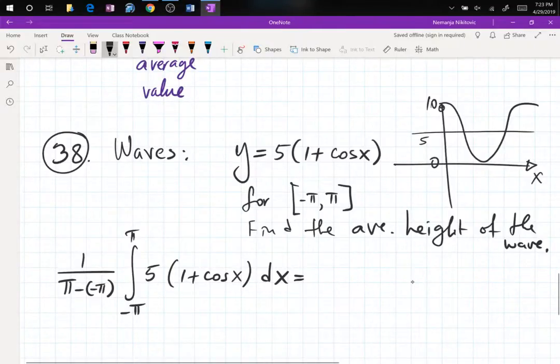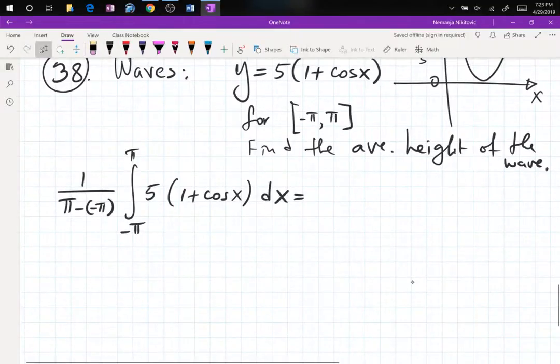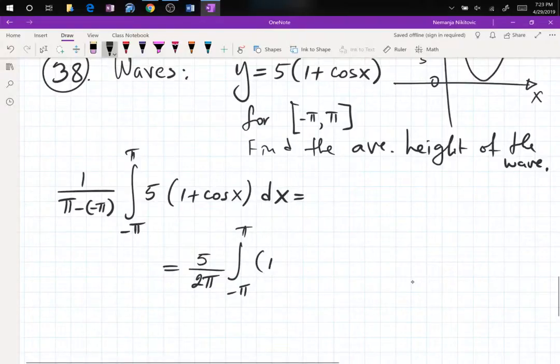So now we can kick 5 outside, and we have 2 pi in the denominator. Integral from negative pi to pi of 1 plus cosine x dx.